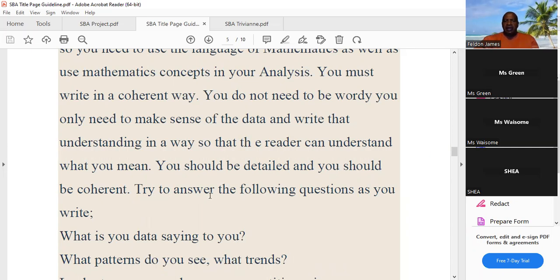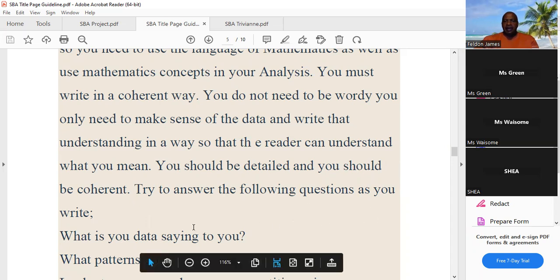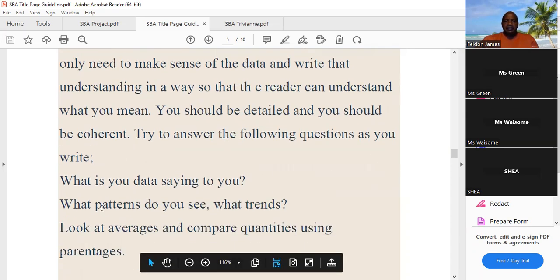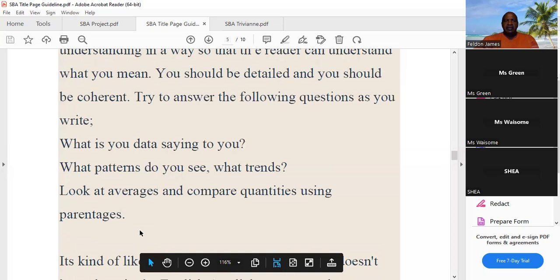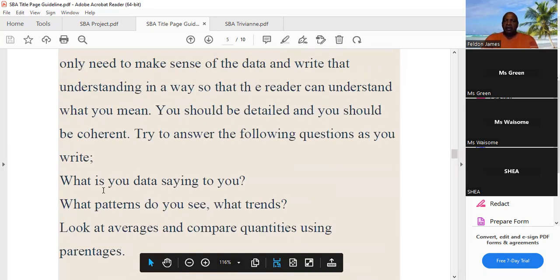Try to answer the following questions as you write. What is your data saying to you? What pattern do you see? What trend? Look at averages and compare the quantity using percentages. All right, so all of these would add to your analysis.